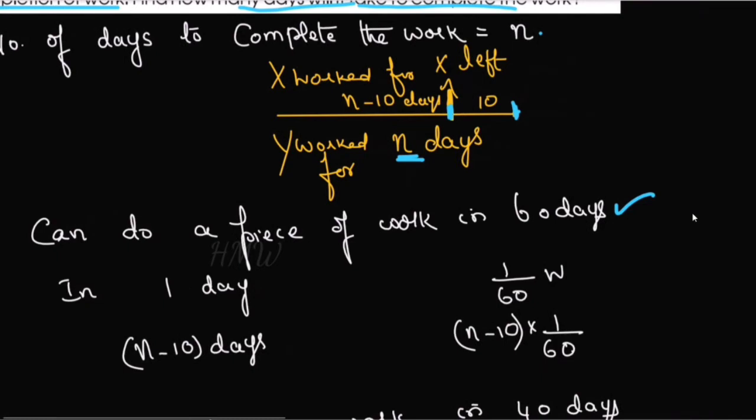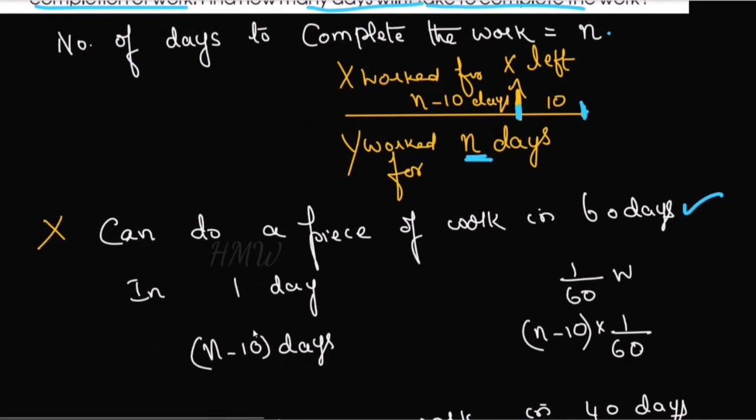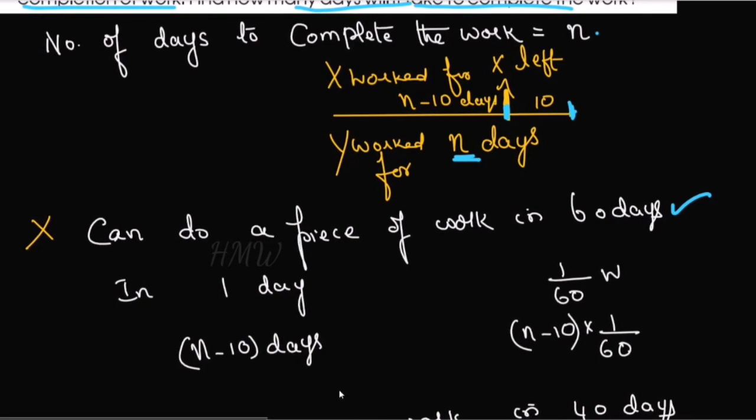X is working for N minus 10 days. So in one day it can complete 1 by 60 work, and in N minus 10 days it can complete N minus 10 into 1 by 60.